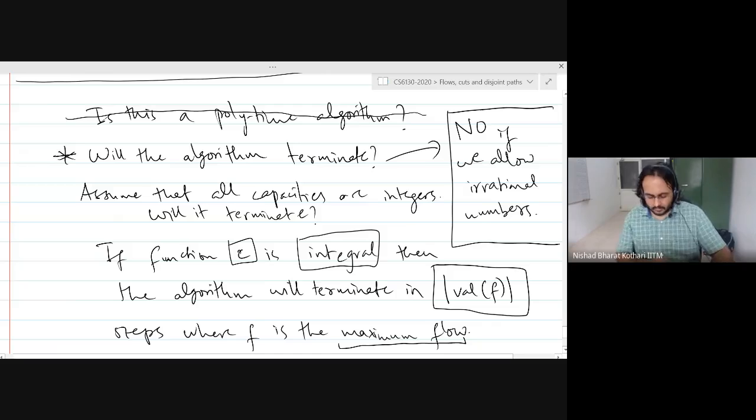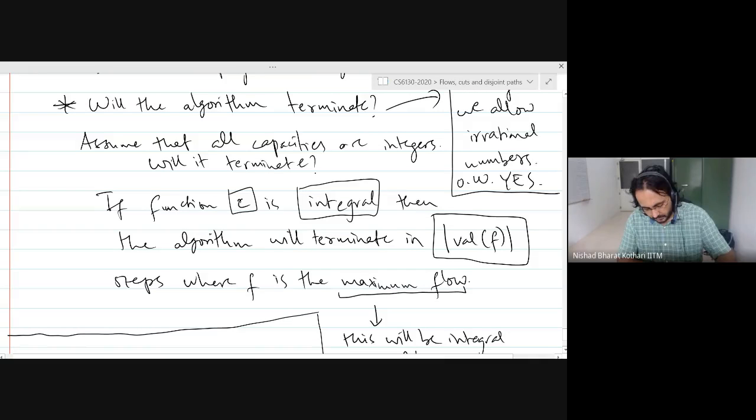Okay, but otherwise the answer is yes. Okay, so it is yes for rational numbers, and that is just because you can multiply by a big integer to make all the capacities integers. Okay, and then you apply the argument we just discussed.